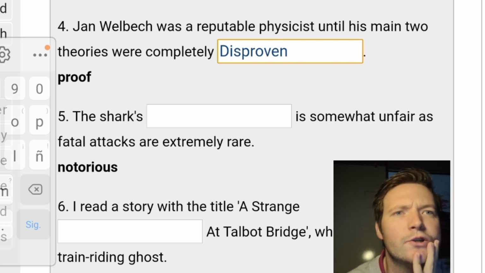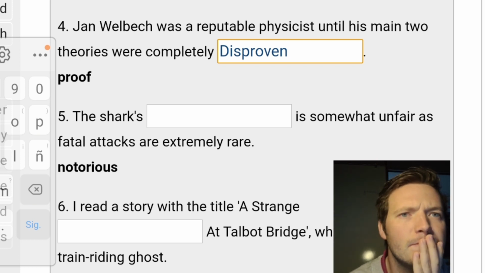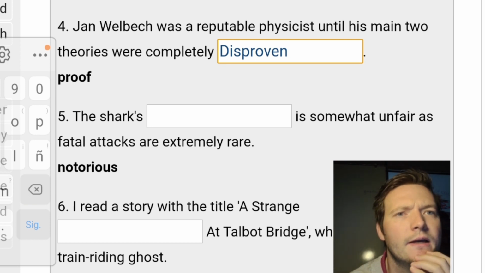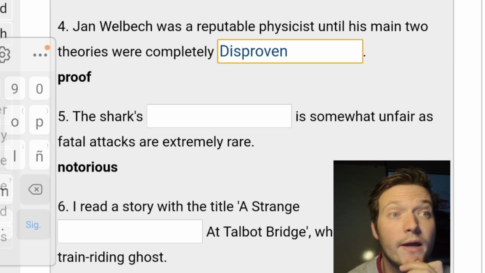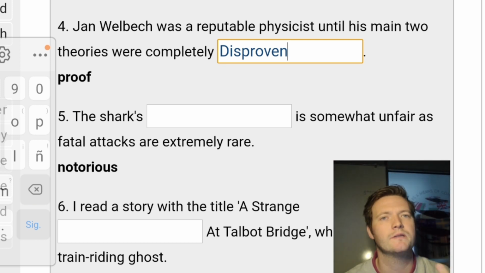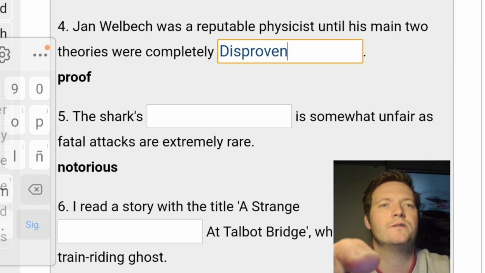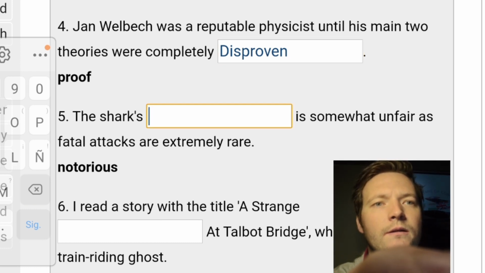But, yeah. The sharks, notorious, is somewhat unfair, as fatal attacks are extremely rare. So, yeah, when something has a bad reputation, we often say that it has notoriety. And I don't know if I know how to spell that.